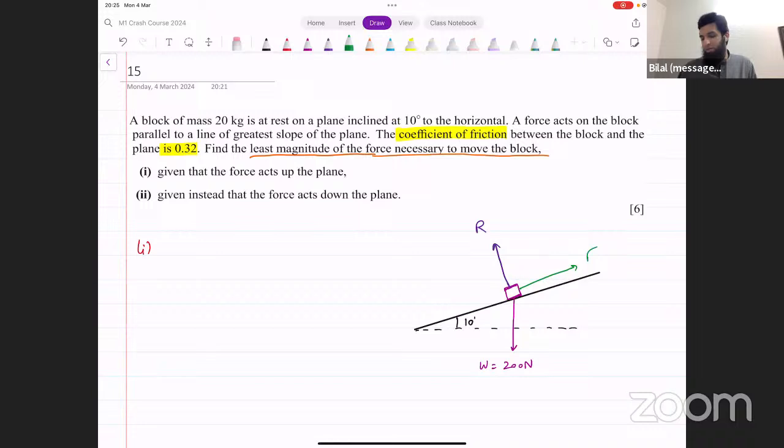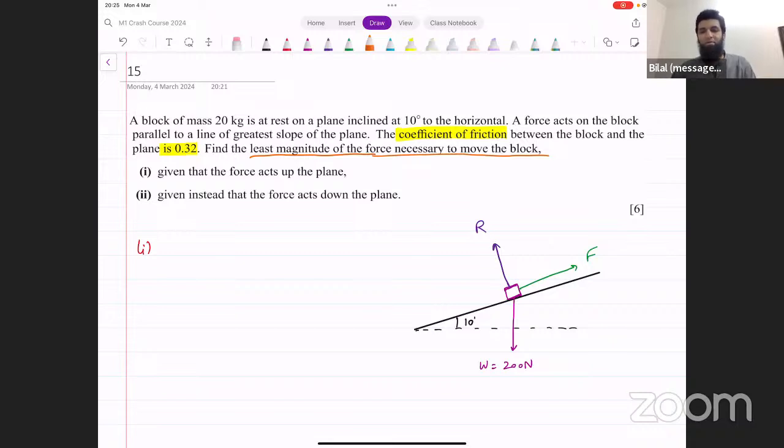Let's call this capital F. I always represent friction with small f. So with capital F, we have another force acting in this direction, that's trying to make the object move. Do we have any other forces acting here? We don't have tension because there's no string involved. Weight, we've already represented.